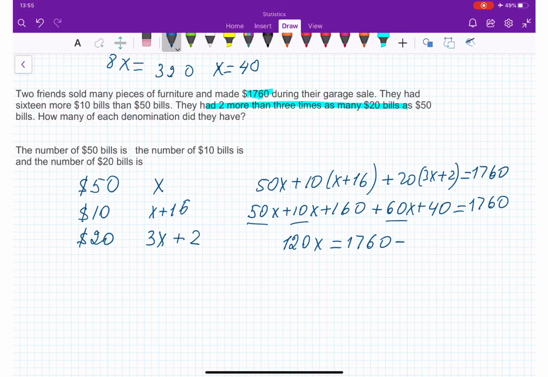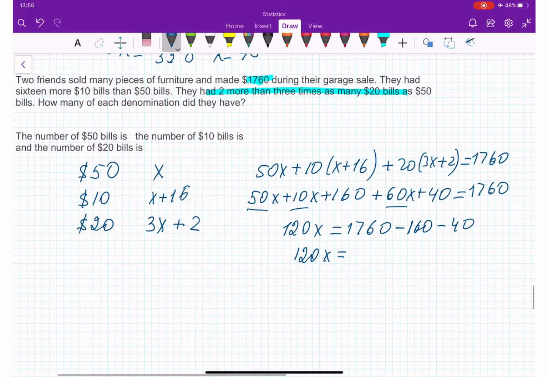Minus 160 and minus 40, because when we move to the other side, we are flipping the sign, minus, and 40 also moving, minus. Okay, 120x is equal to 1,560, and x is equal to 1,560 divided by 120, and we are getting 13.